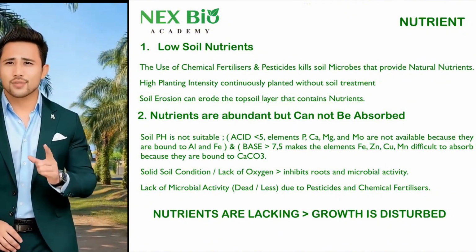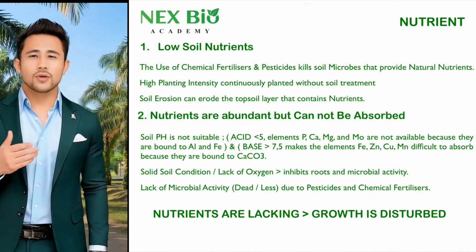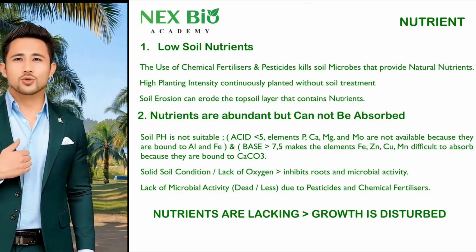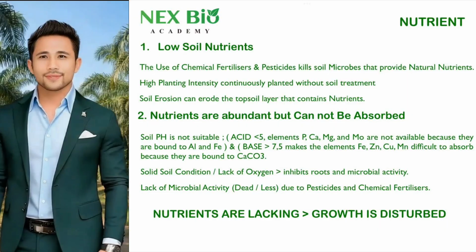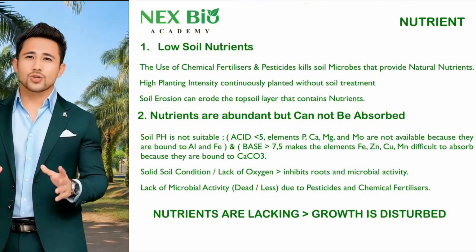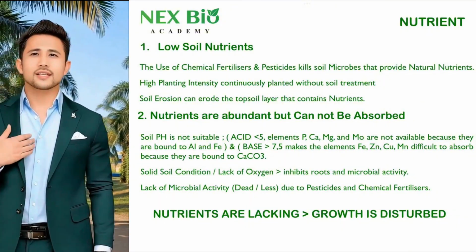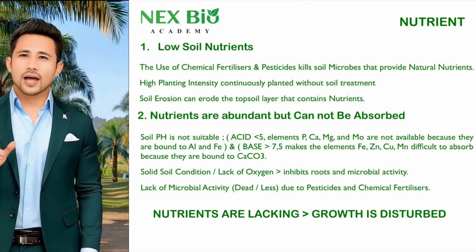The second condition why the nutrients are abundant but cannot be absorbed is solid soil. When the soil becomes solid, it lacks oxygen, which inhibits the roots and microbial activity. The third condition is the lack of microbial activity.